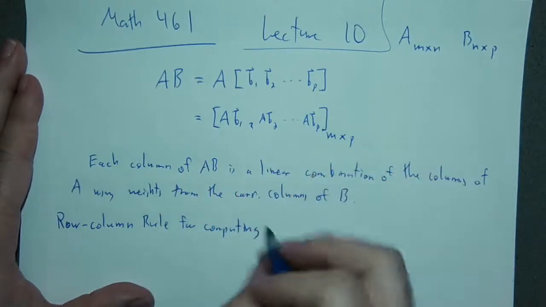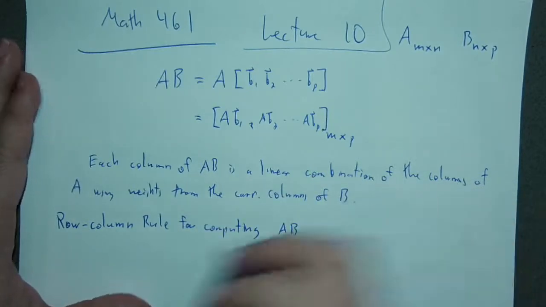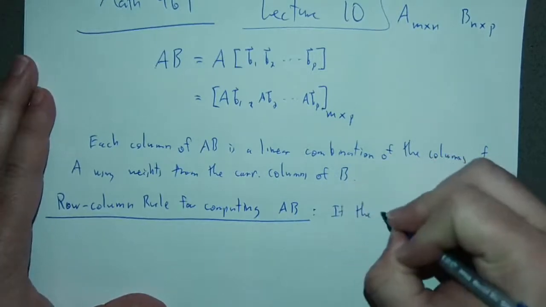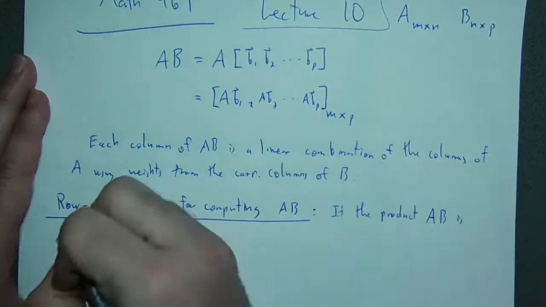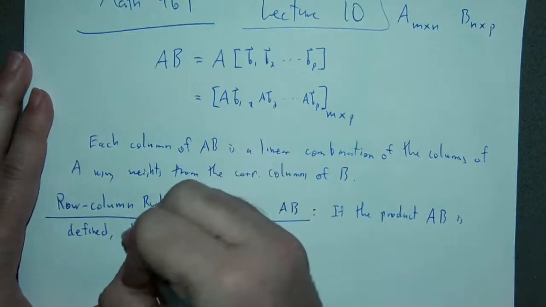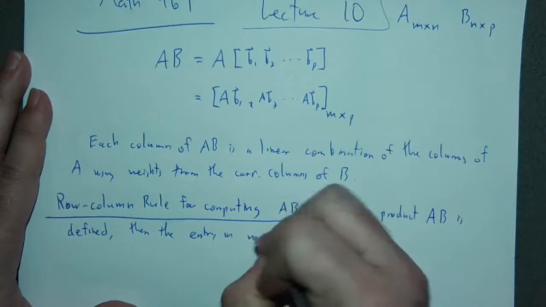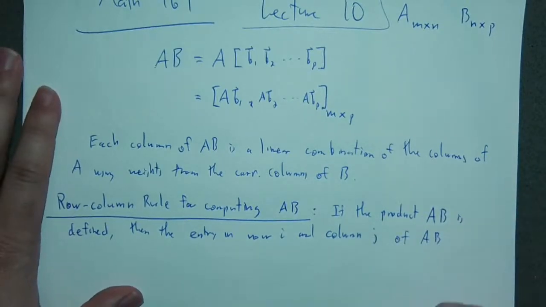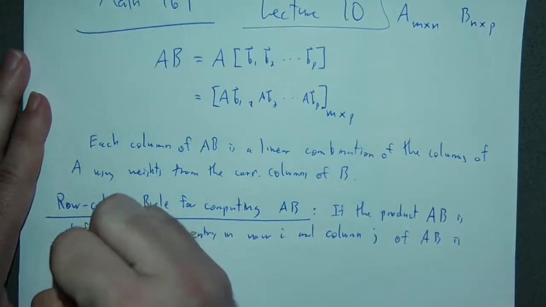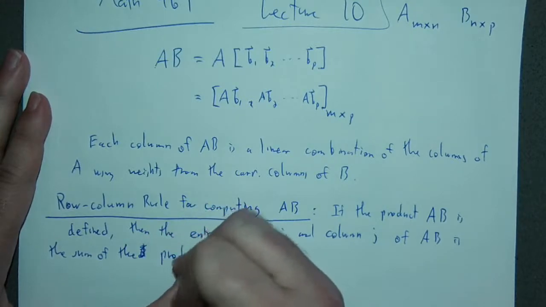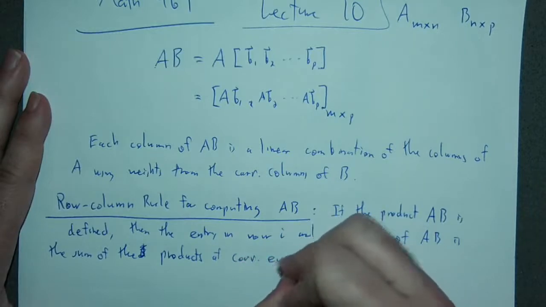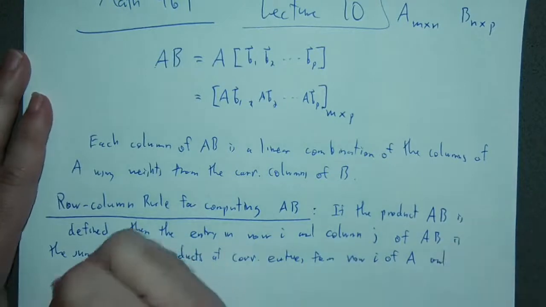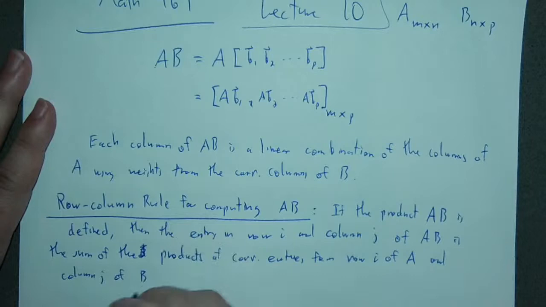Row column rule for computing AB: if the product AB is defined, then the entry in row i and column j of AB is the sum of the products of corresponding entries from row i of A and column j of B.